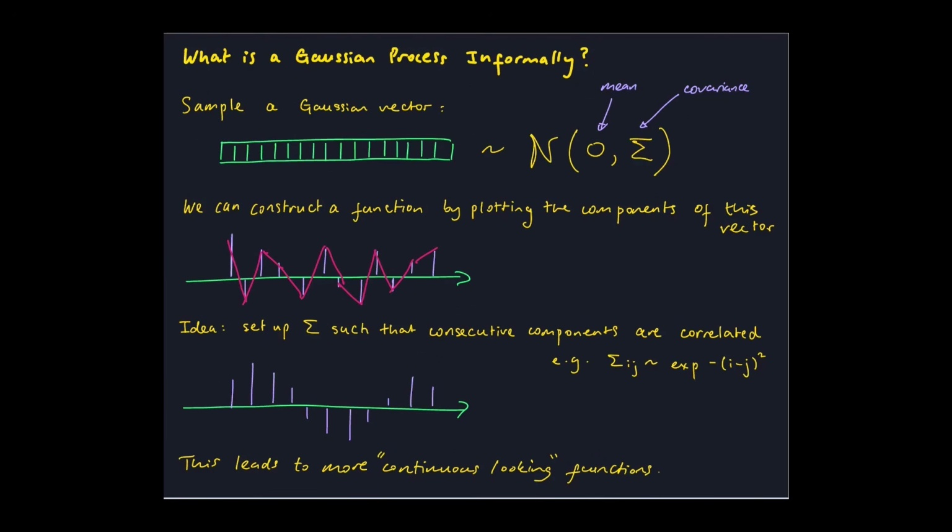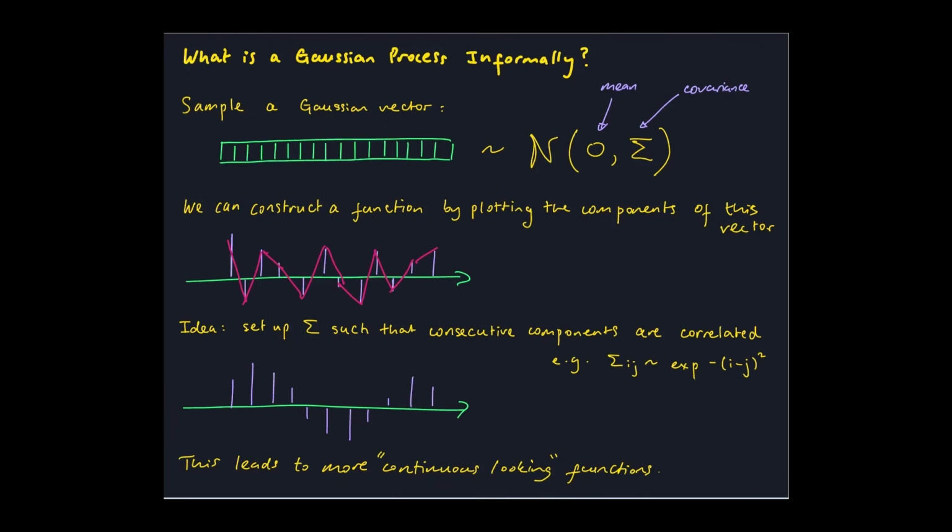So I'm just going to choose a covariance matrix with a special structure so that the covariance of neighboring entries in the vector is very high, so they're very correlated with each other. Obviously, if I permuted all the entries in the vector, it would break that, but I'm not going to do that. So I'm basically going to pick a covariance structure such that neighboring entries are related.